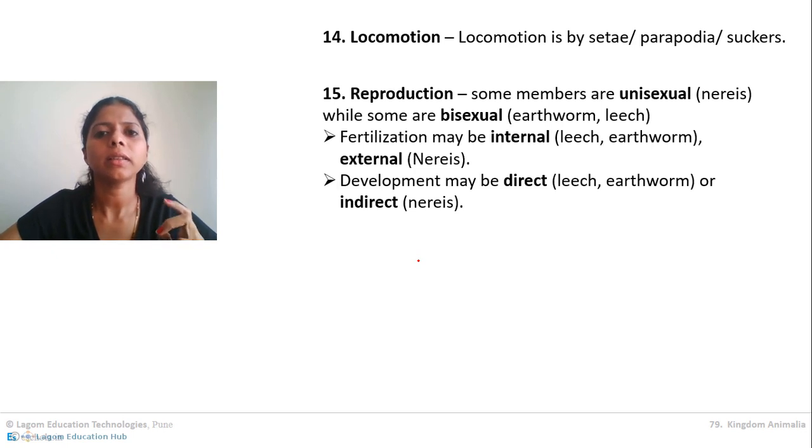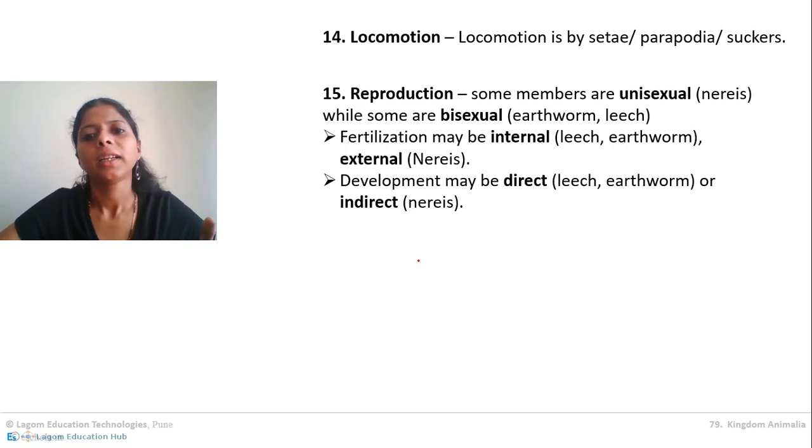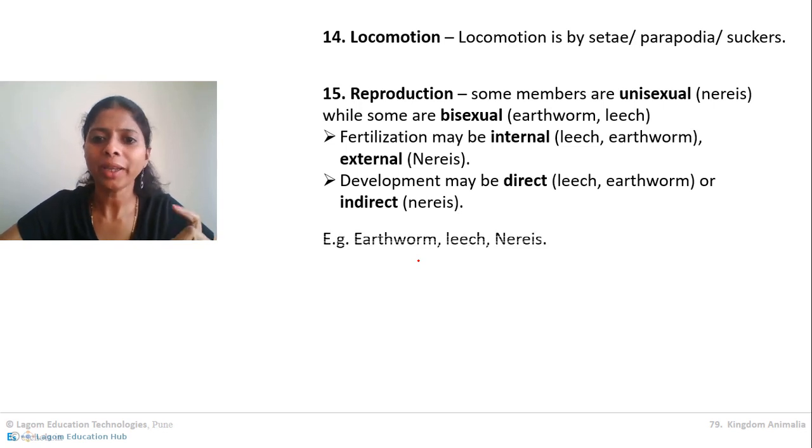Then some are unisexual, some are bisexual, some do internal fertilization, some external, and development is in some cases direct, in some cases indirect. Remember, Nereis is exactly opposite in all these characteristics to the earthworm.